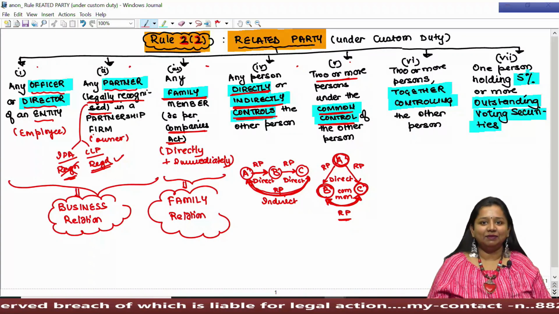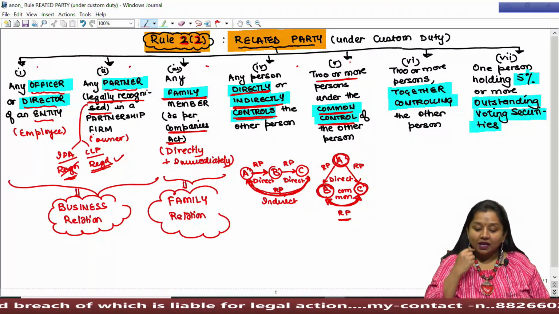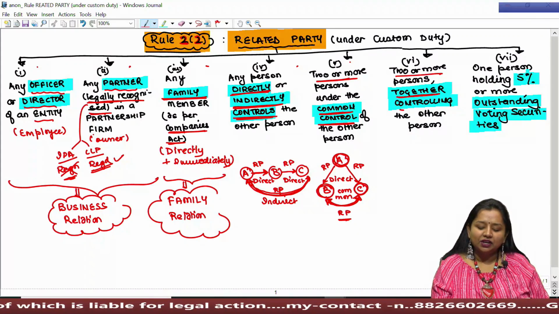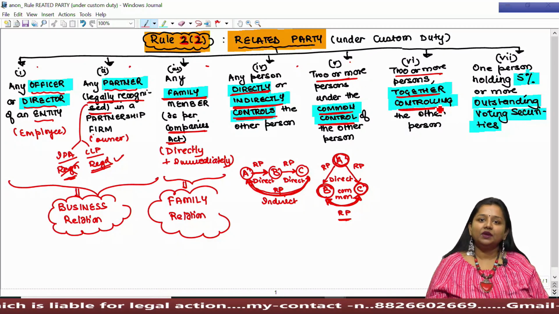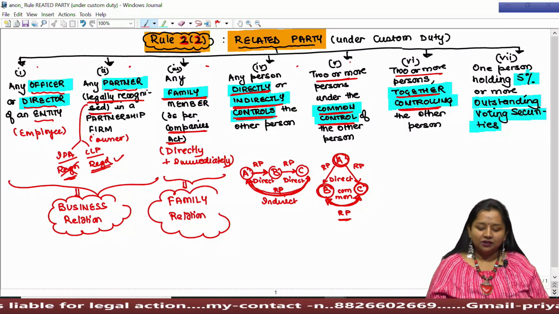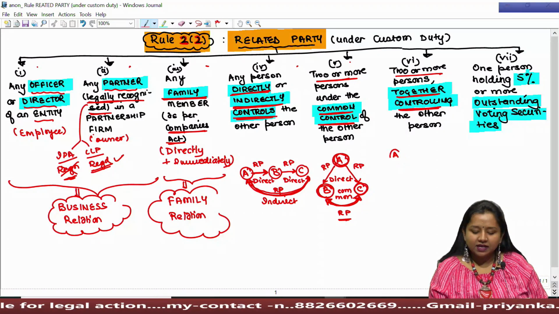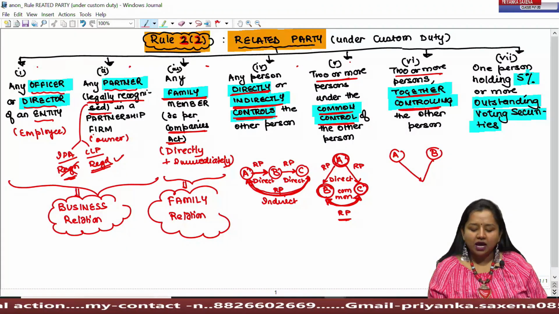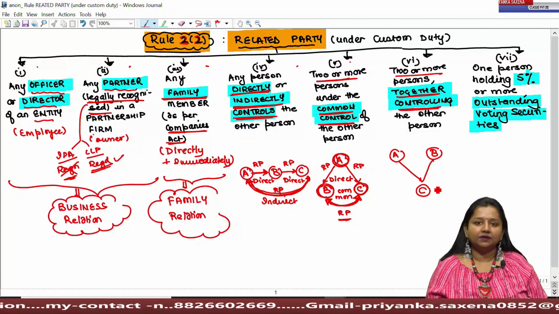So if a common person is controlling two different entities or persons, then those two entities shall also be treated as related party. Okay. Then the next one says two or more persons together controlling the third person. That is, A Limited and B Limited both are controlling C Limited.